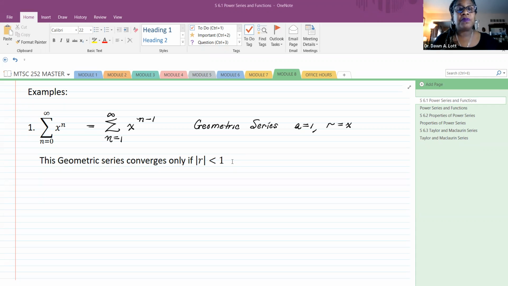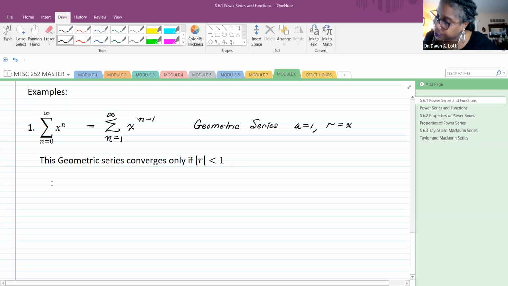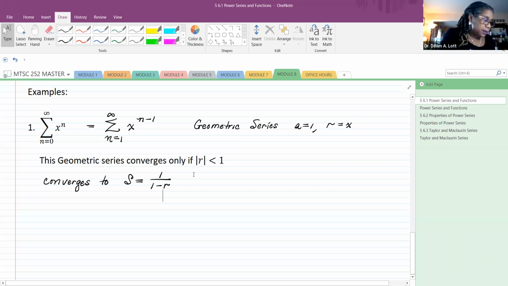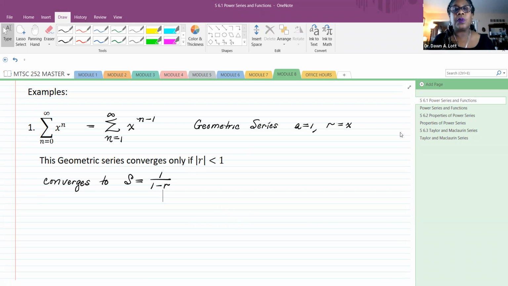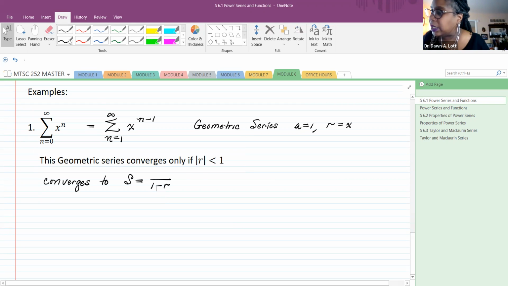And when the absolute value of R is less than 1, we know that this series converges to the sum, which is A over 1 minus R. I'm saying 1 because I already know A is 1, but it converges to A over 1 minus R.